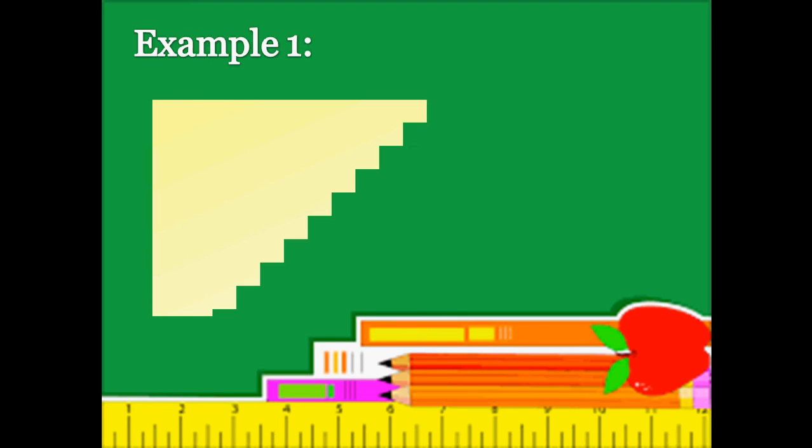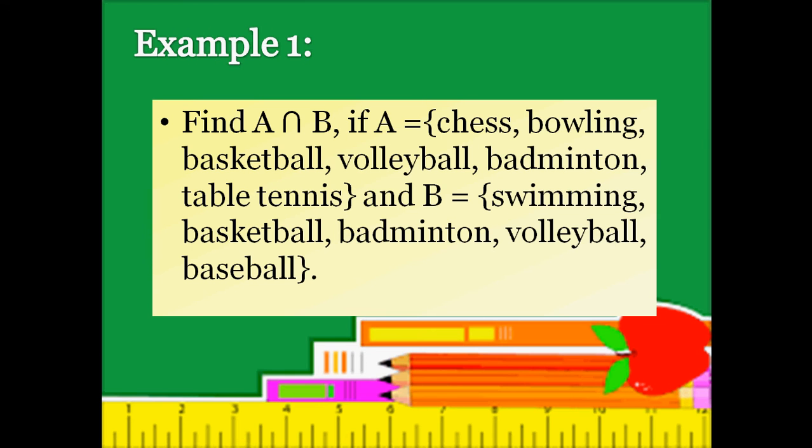For example, find the intersection of set A and set B if set A has the elements chess, bowling, basketball, volleyball, badminton, and table tennis, while set B has the elements swimming, basketball, badminton, volleyball, and baseball.